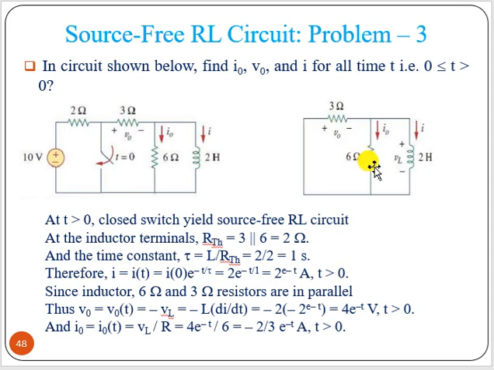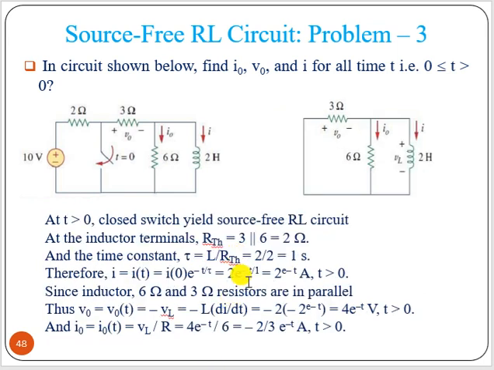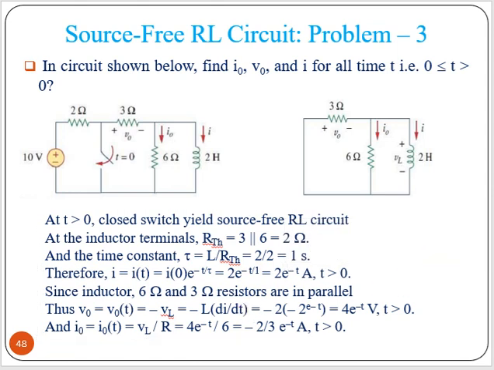So R3 and 6 ohm in parallel, that is 2 ohm. So tau equal to L by RTH. With 2 Henry, tau is 1 second. I0 value you already know, that is 2 ampere. So 2 into e to the power minus t by 1, that is 2 e to the power minus t. L by R equal to 1.